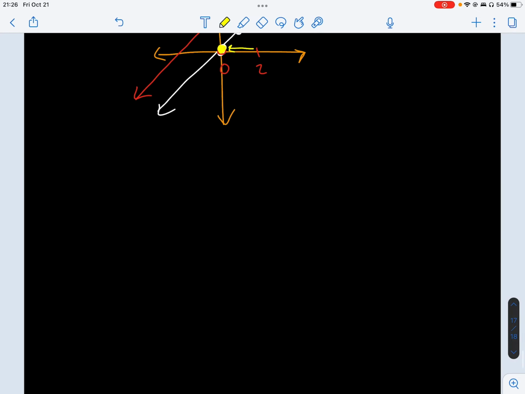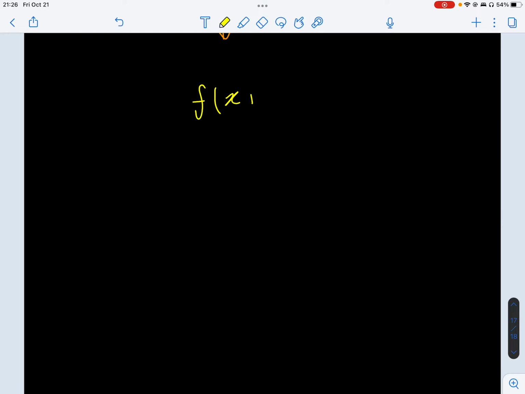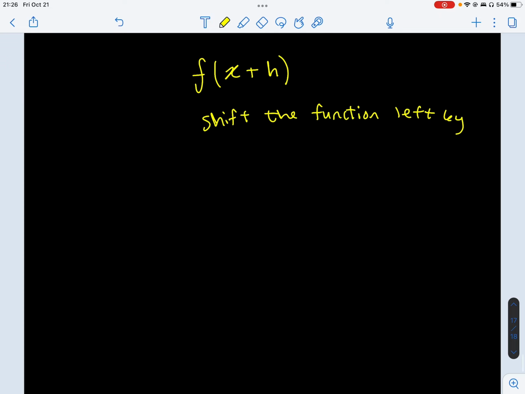And from this, we have a little general statement that if you have a function and you take the inputs and you were to shift it, let's say by some number, which I'm just going to call h, what this does is it will shift the function left by h.